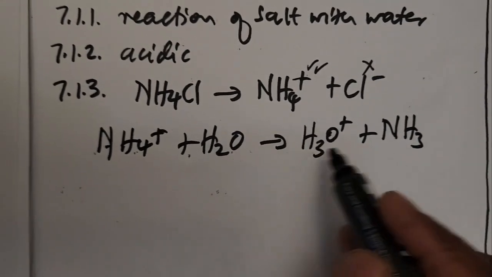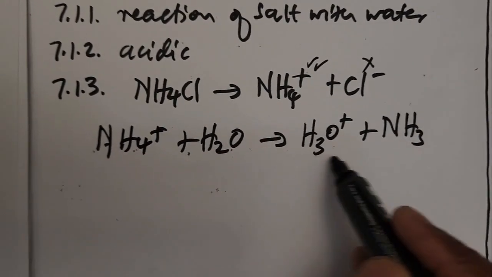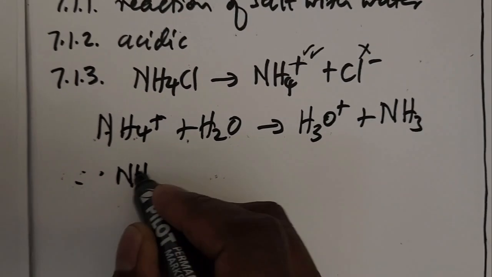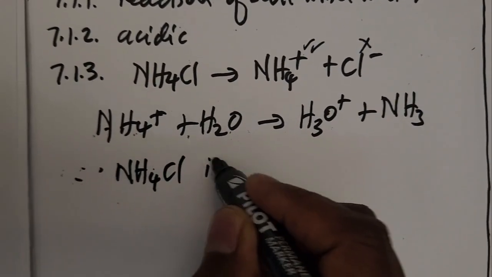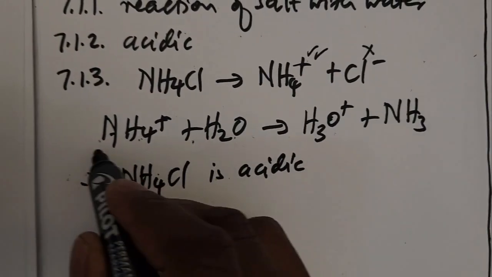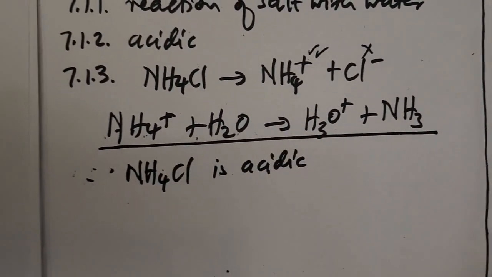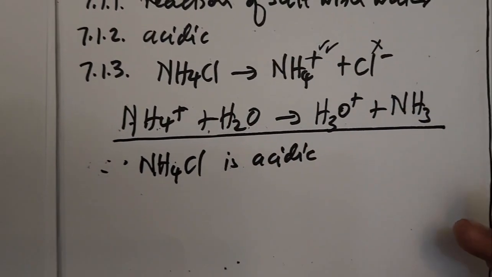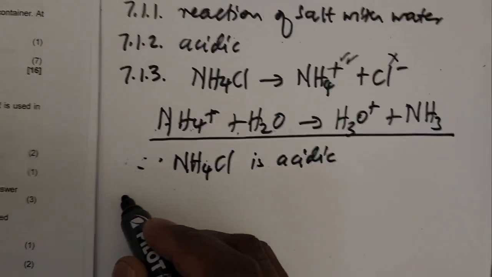Therefore, according to Arrhenius, any substance that can produce H3O+ is an acid. Therefore, ammonium chloride is acidic. You don't have to say that one, but they wanted just this. They will give you the 3 marks: 1 mark for the reactants, 1 mark for the products, 1 mark for balancing. That's how the 3 marks will be distributed.